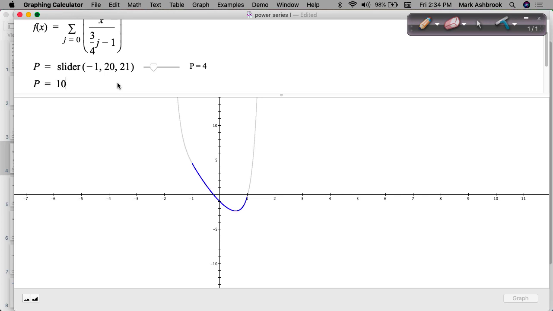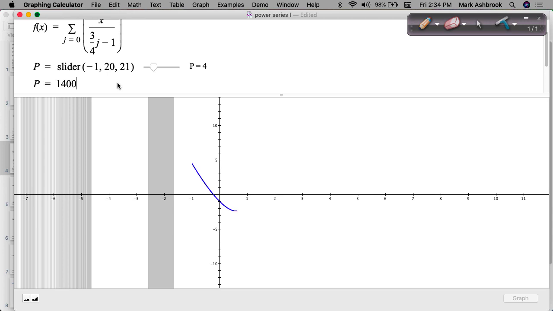So look at it at 10, look at it at 400. That's really big. Okay, so that's getting to the idea behind these power series, right? In the interval of convergence, as you look at the sum, it's going to converge on a particular function. But outside of the interval of convergence, it blows up. Okay, that's way better than you think.